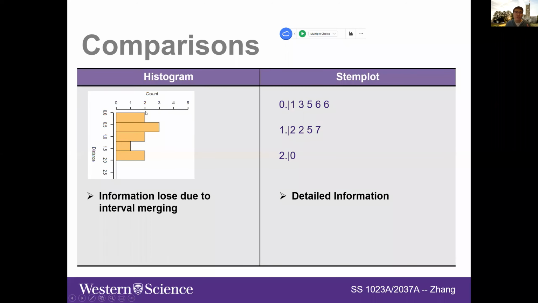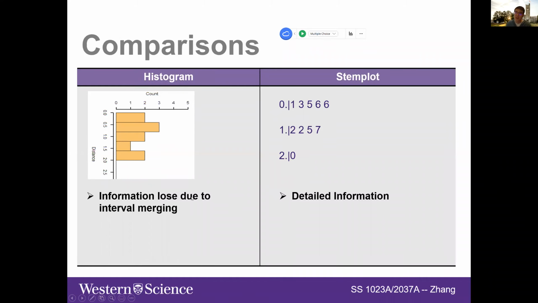Actually, if you rotate our histogram clockwise by 90 degrees, you will pretty much get a similar plot to this. These two plots share the same meaning in the sense that they tell us how our data set is being clustered.